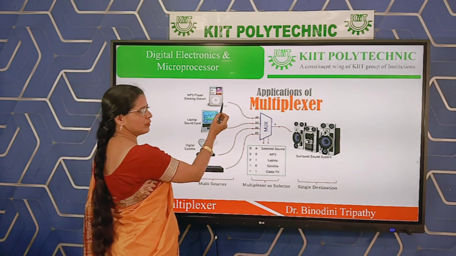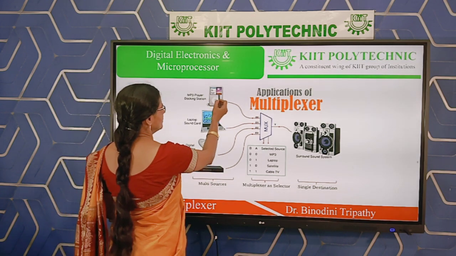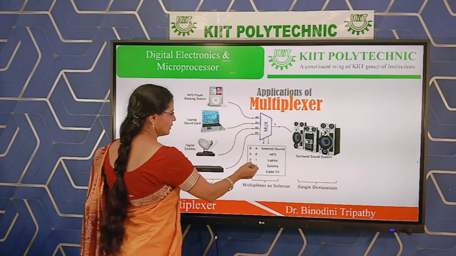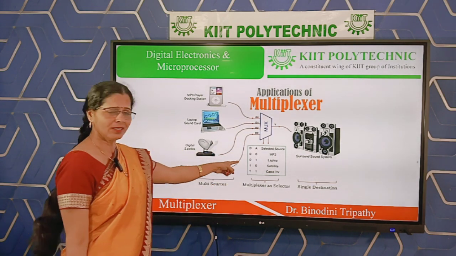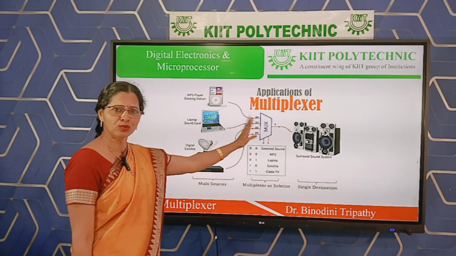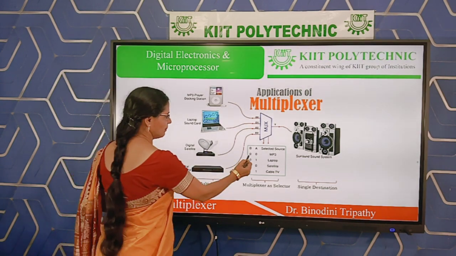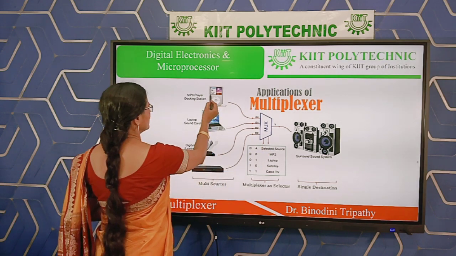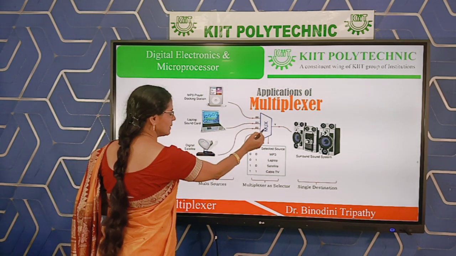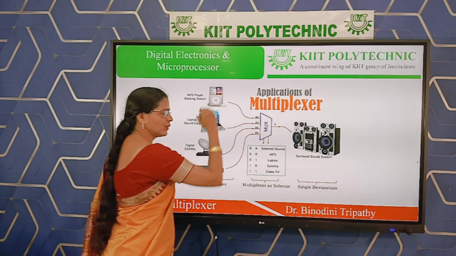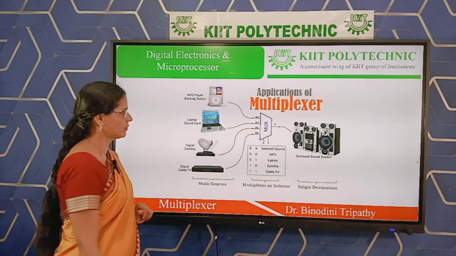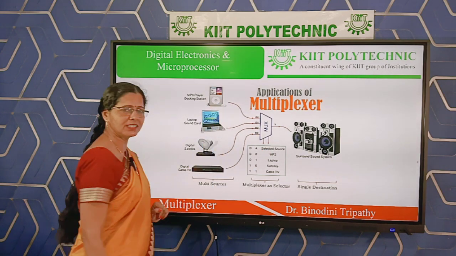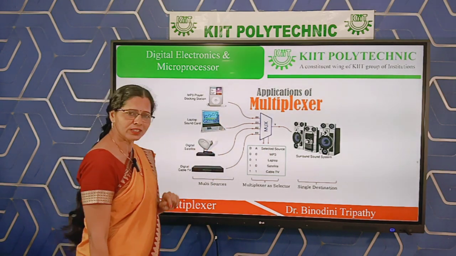So suppose you try to avail this one at the output. Now this is the selection. As I already told, selection is the main control of the operation. While you are applying 0, 0 at the selection input, the MP3 will be selected by the MUX and routed to the output. That means when the selection input is 0, 0, Y is equal to your MP3 signal, or D0 signal.